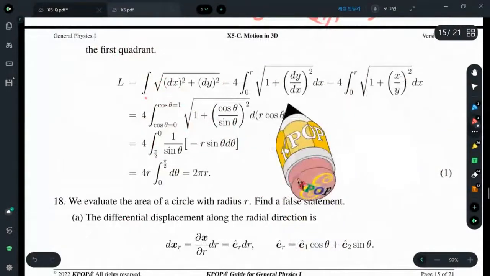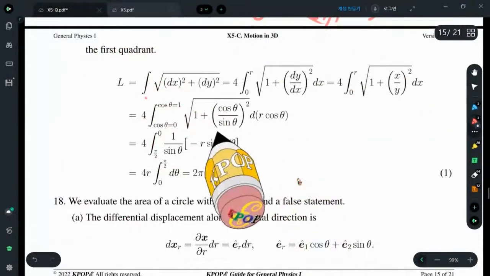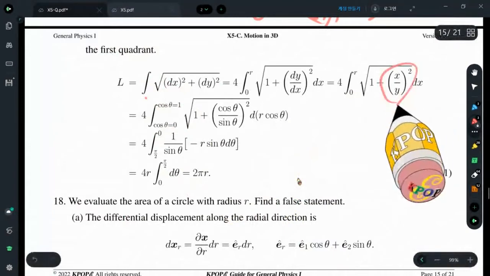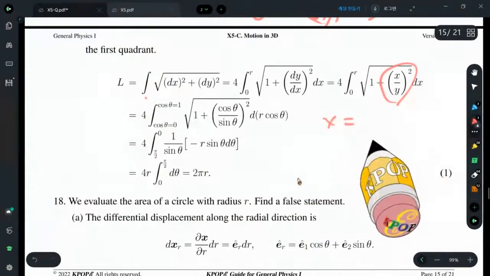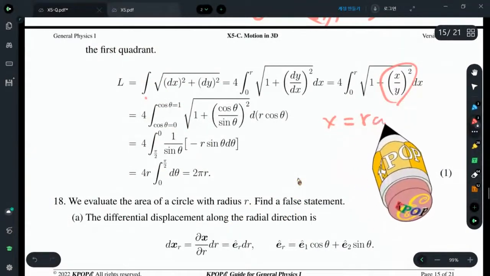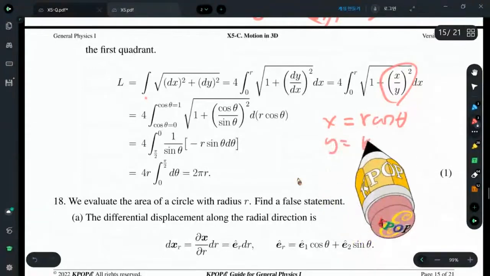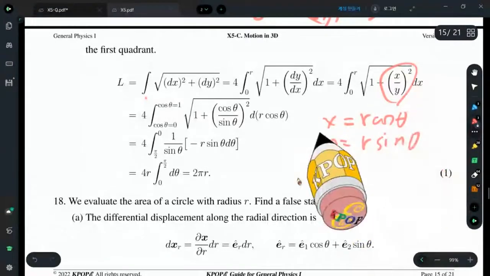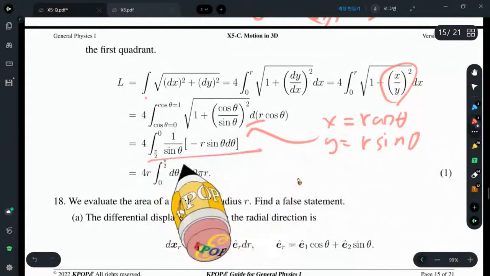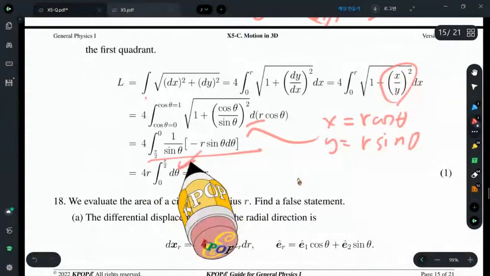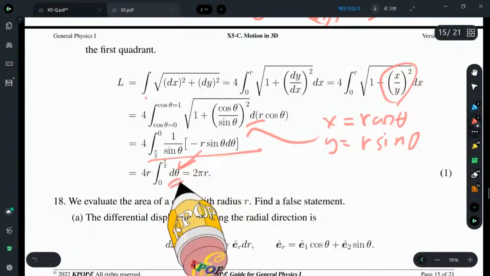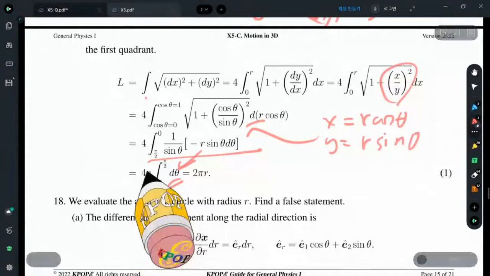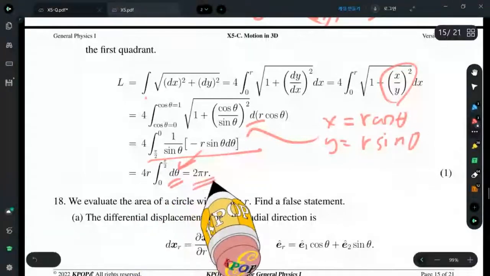And that function is actually this one, and we substitute x equals r cosine, y equals r sine, substituted in here to find it as an integral. That is just the angle. So this final result is 2 pi r.